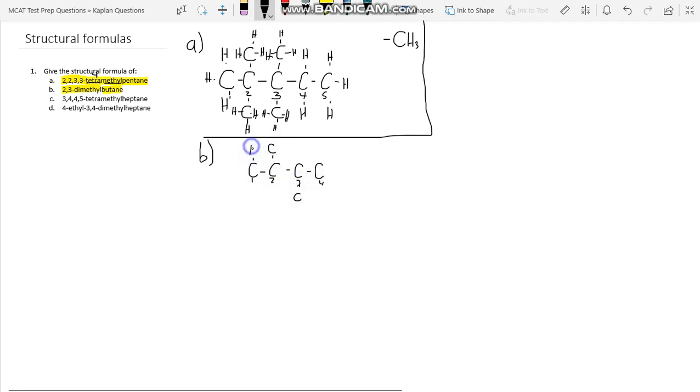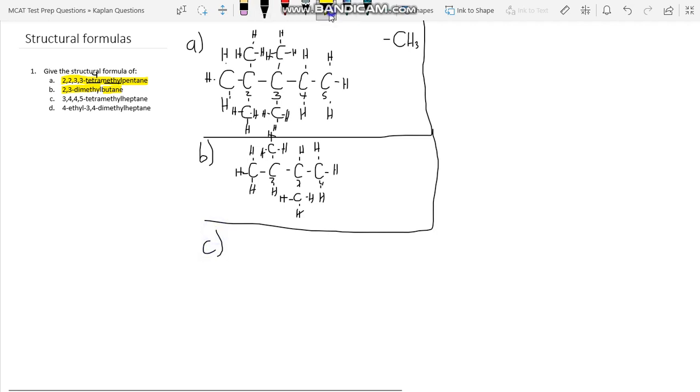And all I do is I fill in my hydrogens. Very long process to fill them in. And that's it for B.